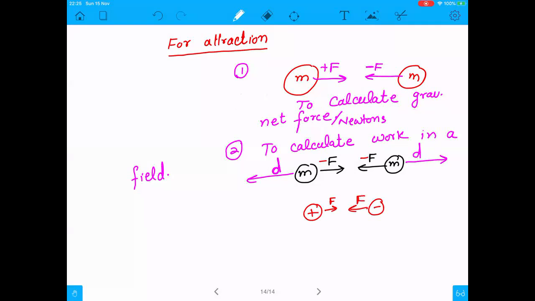And if you are calculating the electric work, then since the displacement vector is outwards, we take the displacement outwards. This is the convention. So both the forces will be given a negative sign because the forces are opposite to the displacement vector or the motion that we take.